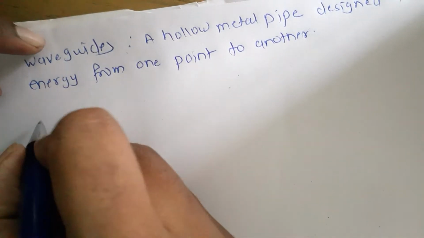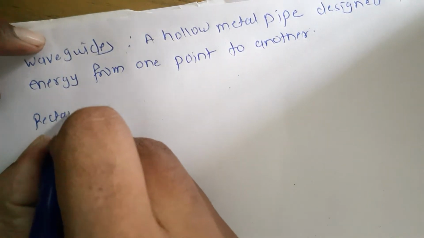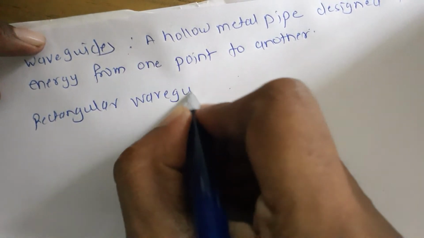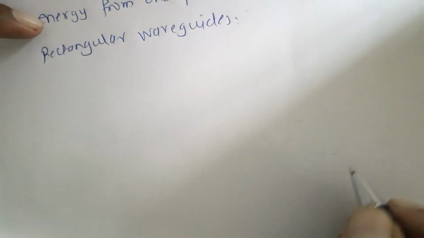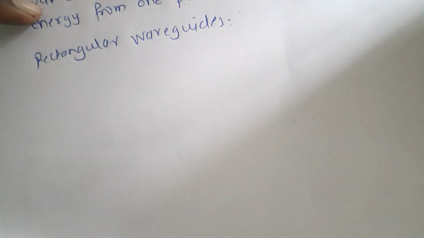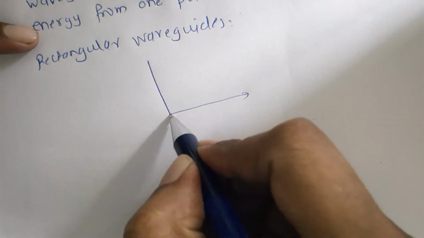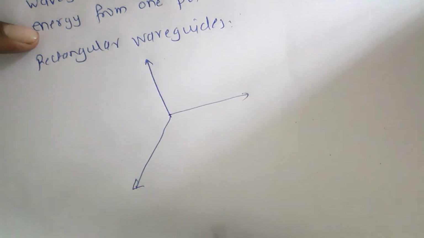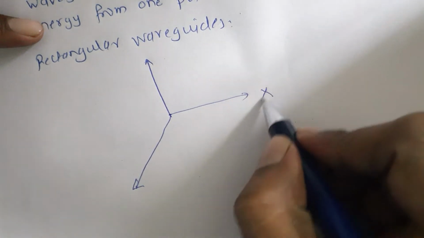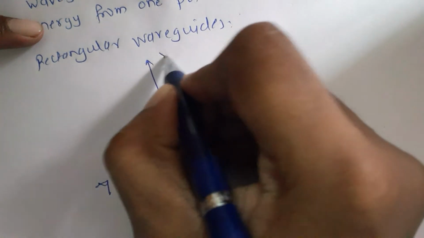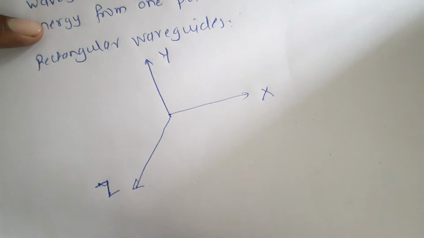First one we will go for the rectangular waveguides. If you go for the rectangular waveguides, there are three dimensional coordinates x, y and z coordinate system.